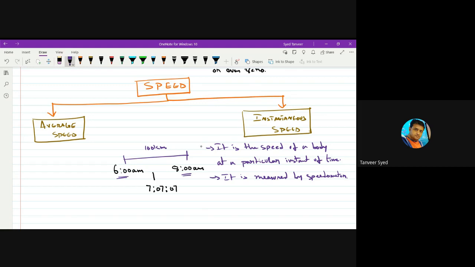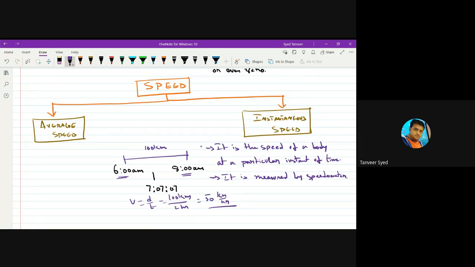Then if I ask you what is your speed, you will say it is distance by time. Distance is 100 kilometer. Time taken is 2 hours. So it is 50 kilometer per hour. This is your average speed. The speed which we calculate using the formula distance by time is average speed.